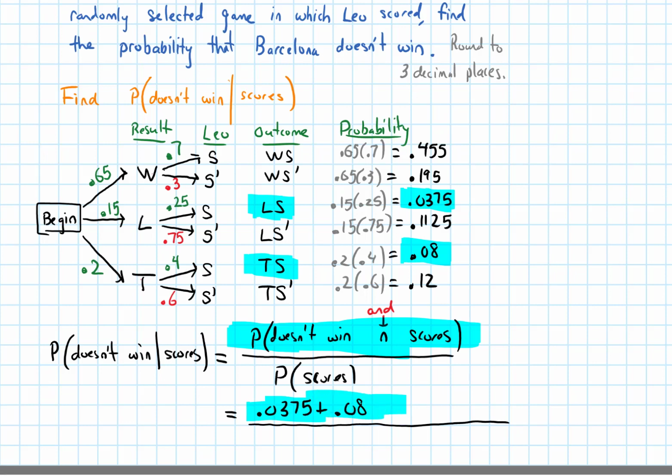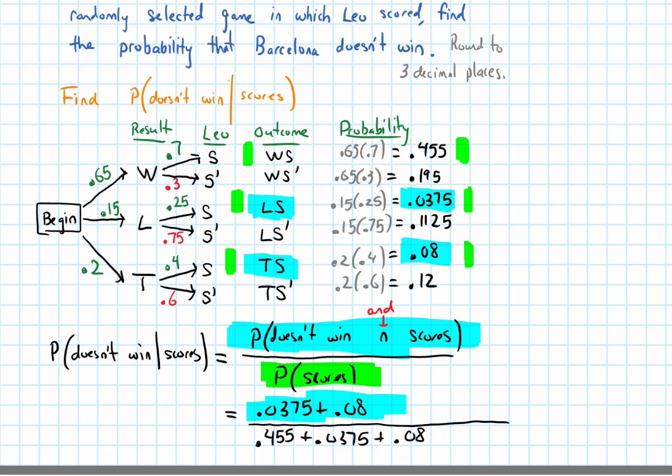And on the denominator, we need the probability that he scores. So he scores in this outcome, and this outcome. So there's 3 outcomes in which he scores. We are going to need to sum up those values on the denominator. So we'll get 0.455 plus 0.0375 plus 0.08 on the denominator.